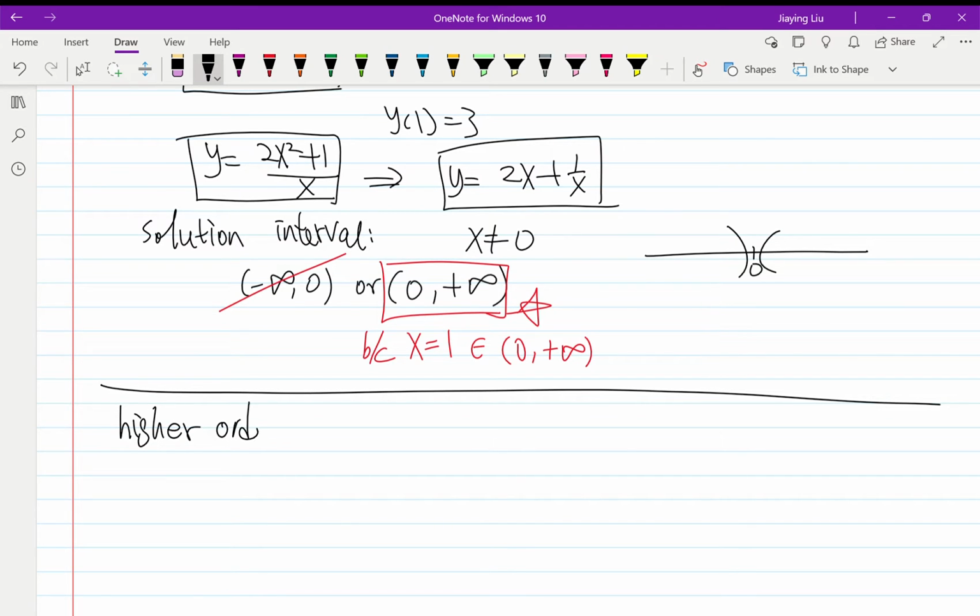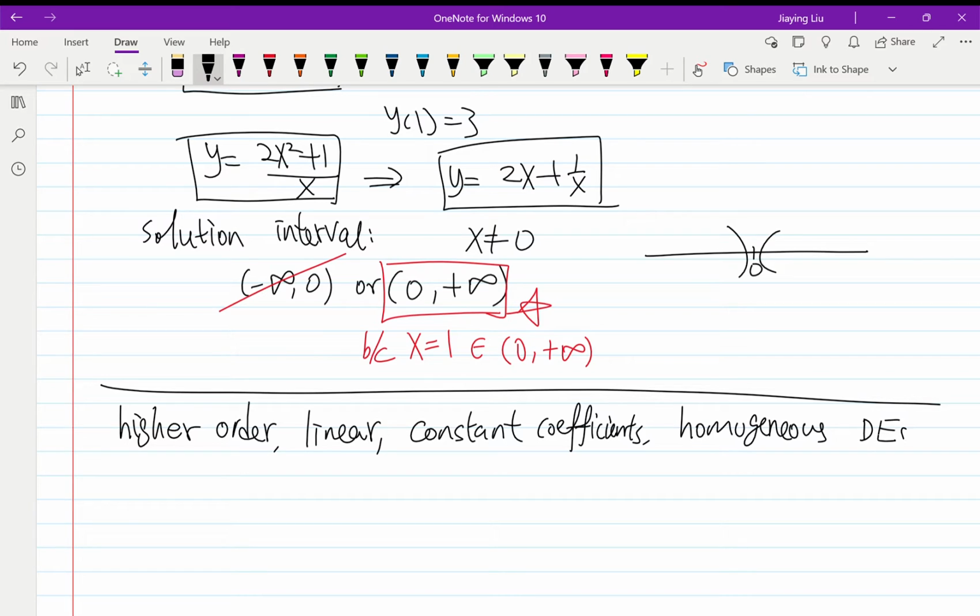So higher order linear constant coefficients homogeneous differential equations.